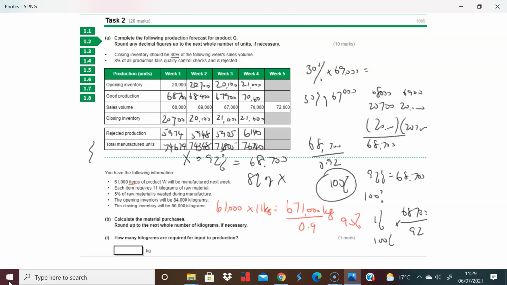So therefore, if I divide this by 0.95, I will get the input I need, and that gives me 706,315.7, but I'll round that up. So those are the number of kilograms I actually need to put into the furnace to start this process.